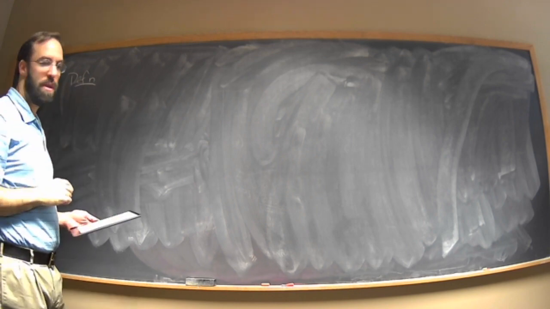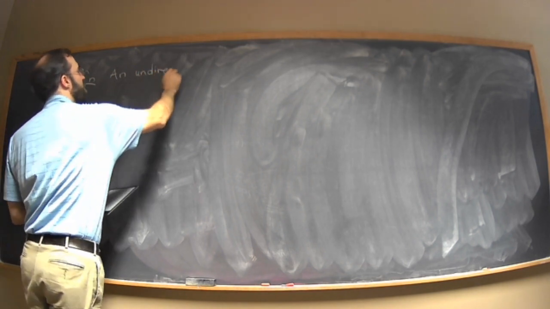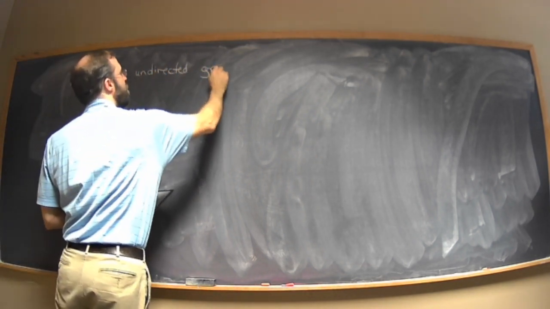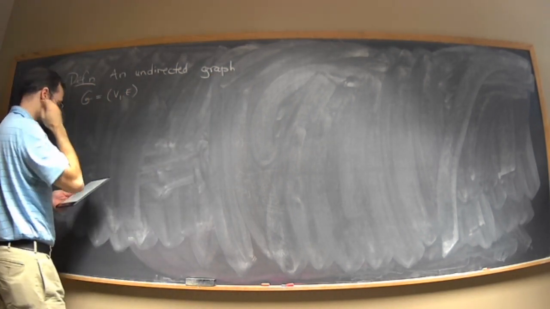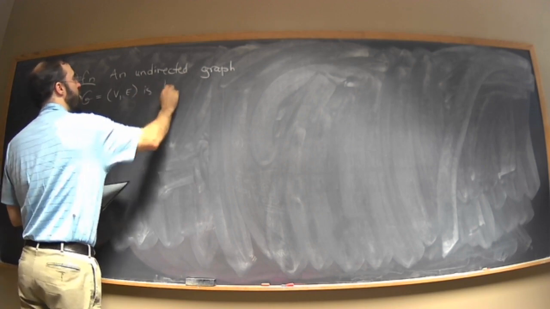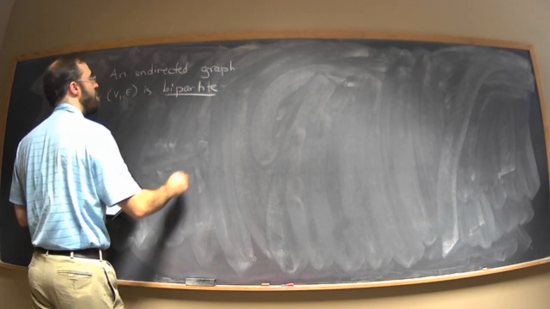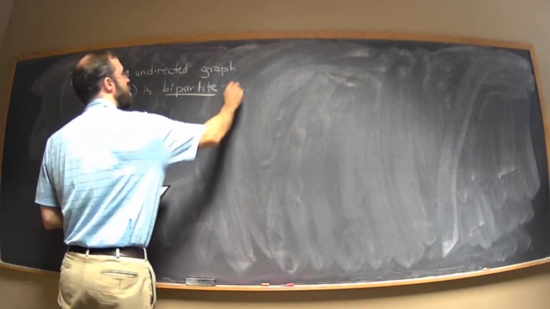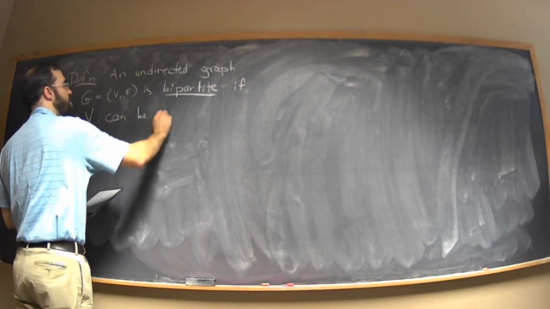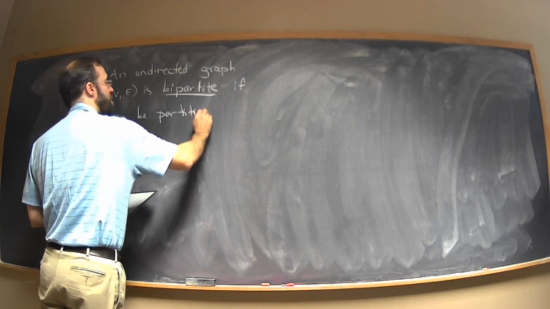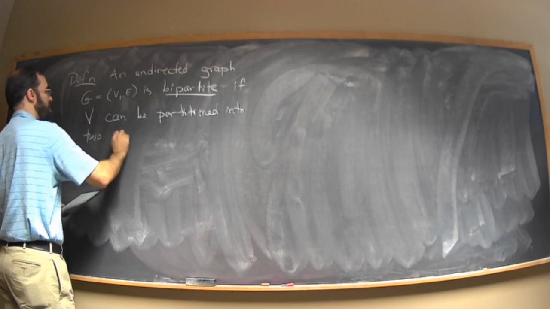something called a bipartite graph. So an undirected graph G equals (V, E) is bipartite if V can be partitioned into two subsets.